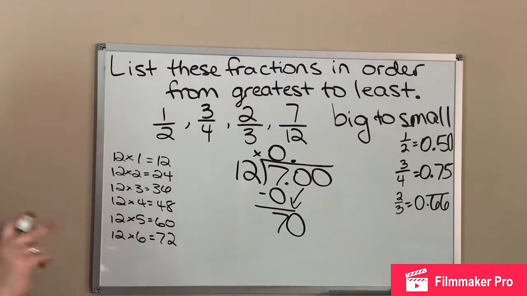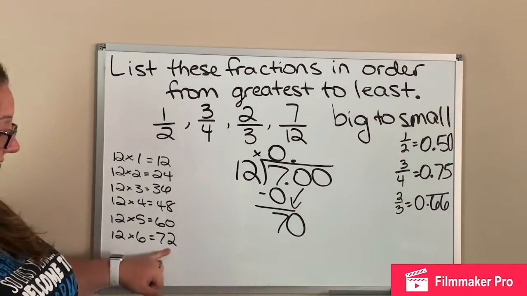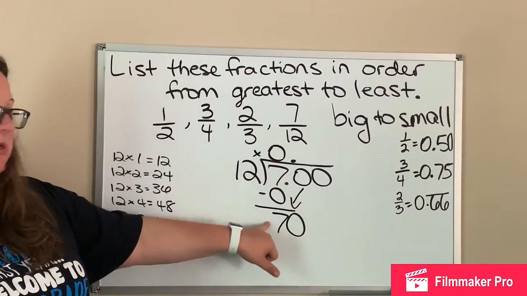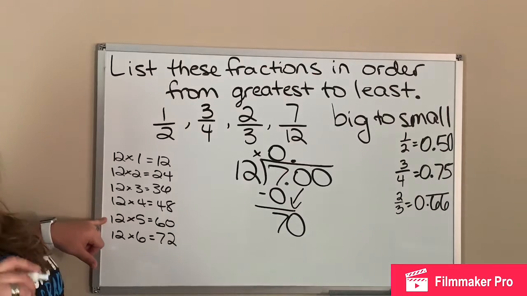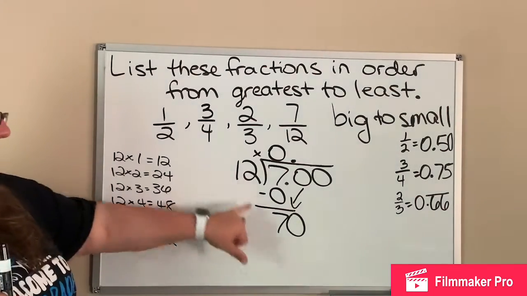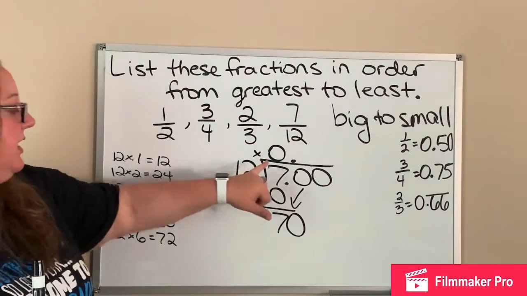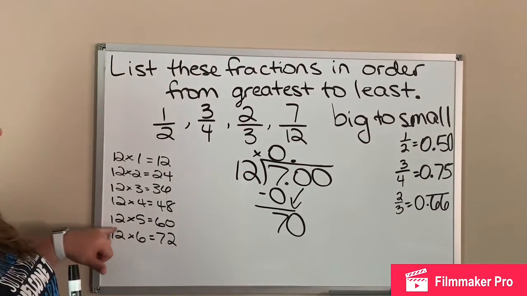Now I'm going to stop right there because 72 is bigger than 70, so it can't be this one. It has to be the one before it. The closest I can get 12 into 70 is 5 times 12.